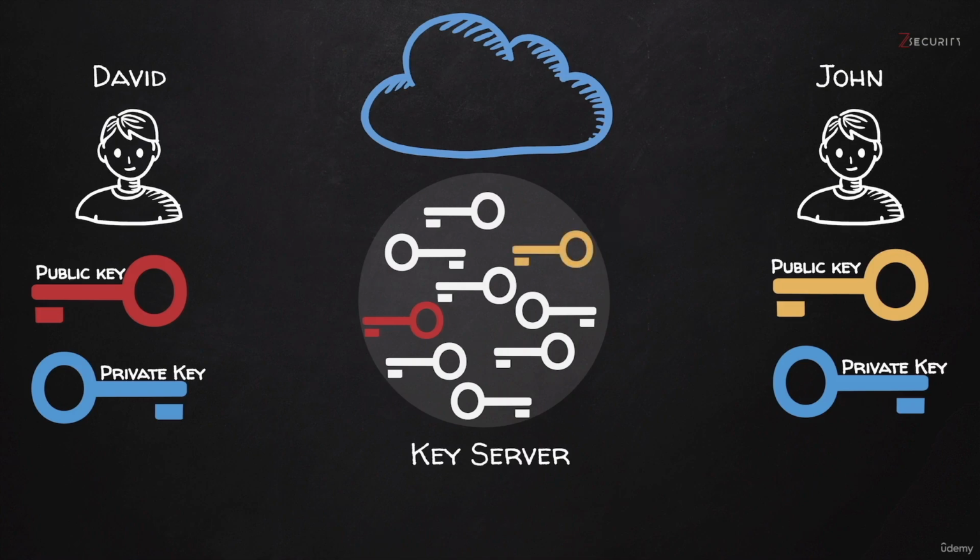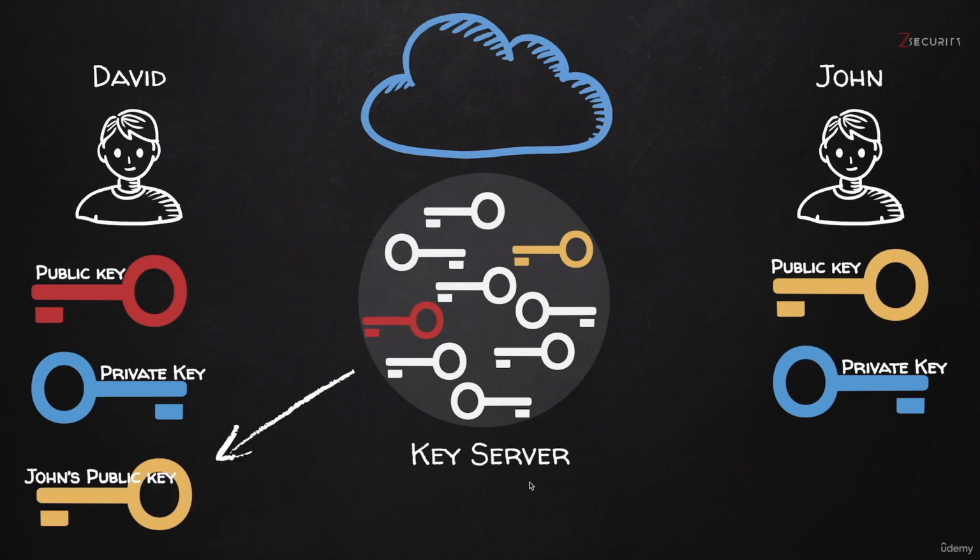If John wanted to share his public key with others, he can upload his key to the server as well. And then, if David wanted to communicate with John, he won't need to ask John for the public key directly, and John won't need to communicate with David directly and send him the key. All David has to do is query the key server, which is accessible on the darknet or on the internet, and download John's public key.